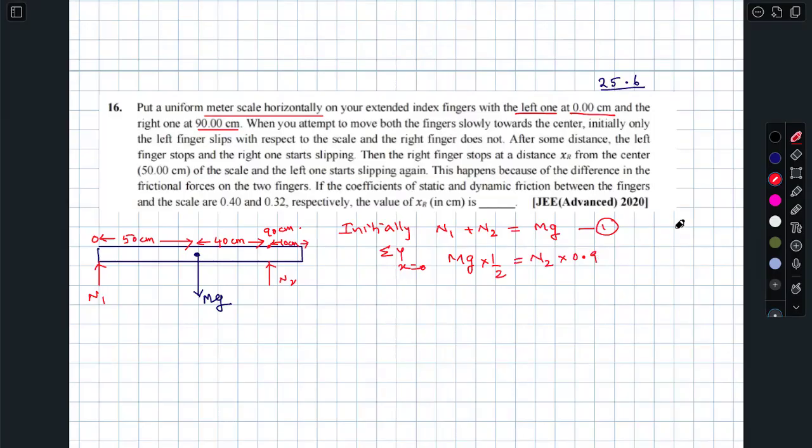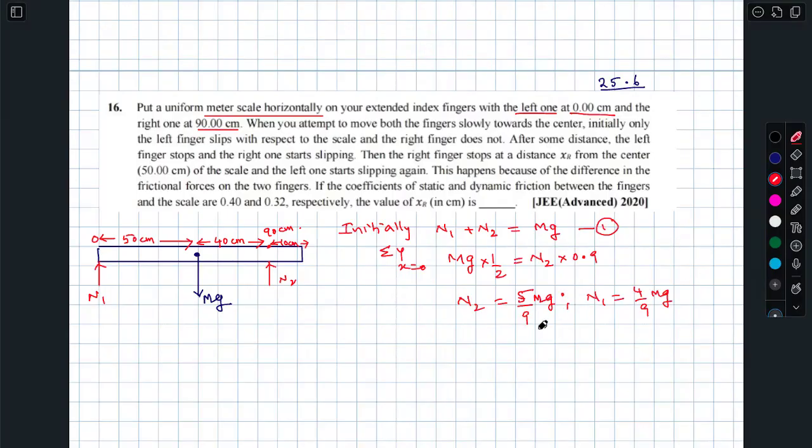So therefore, N2 is equal to 5 by 9 times of mg. When this is 5 by 9 times of mg, obviously N1 will become 4 by 9 times of mg to make equation 1 correct. Done.